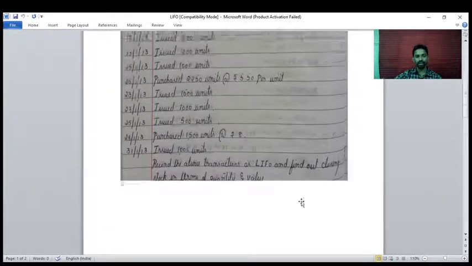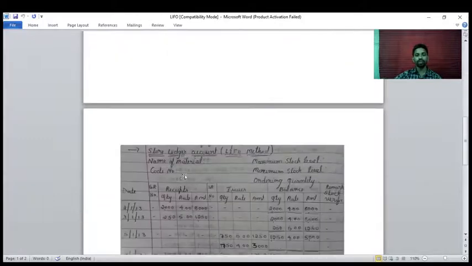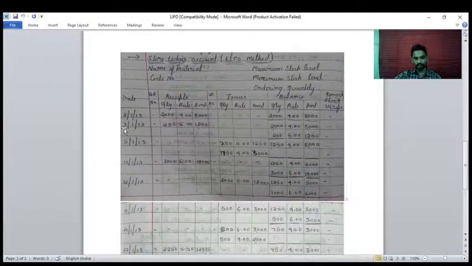Now see the next transaction: 5th January 2013, issued 1000 units, and we have to use the LIFO method, last in first out. On 3rd January there are two stocks, this is the first stock and this is the second, the last stock.